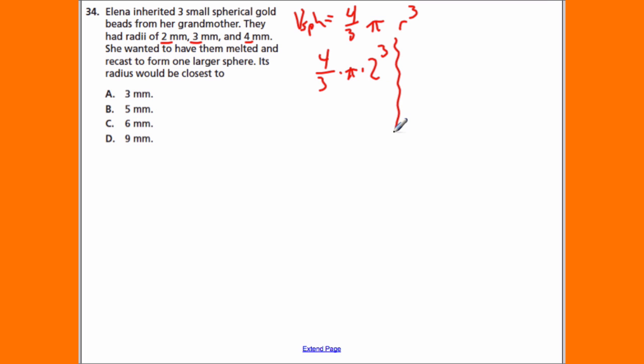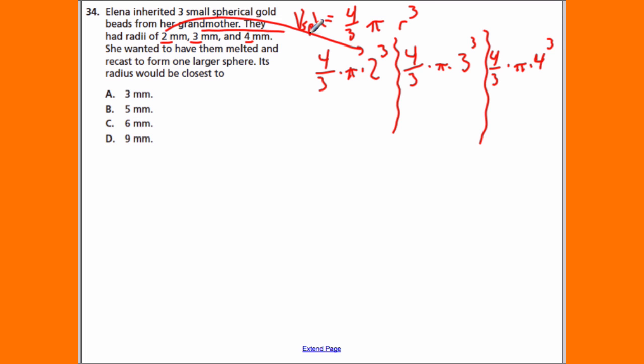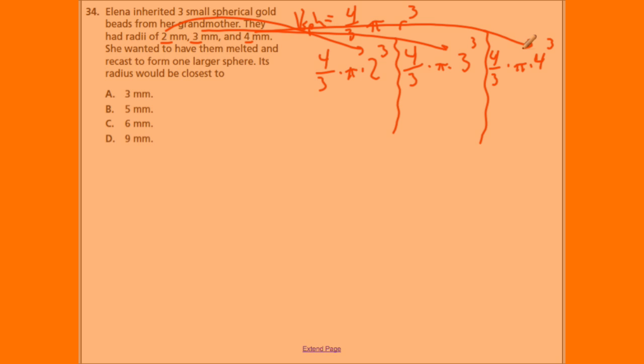I need to find the volume of 4/3 times pi times 3 cubed. I also need to find 4/3 times pi times 4 cubed. This 2 went here, this 3 went here, and this 4, as you can guess, went there.